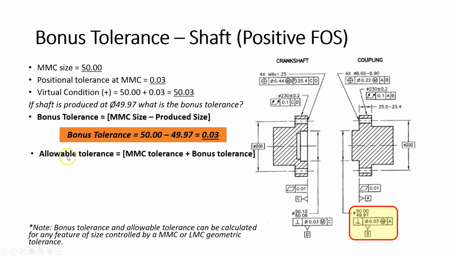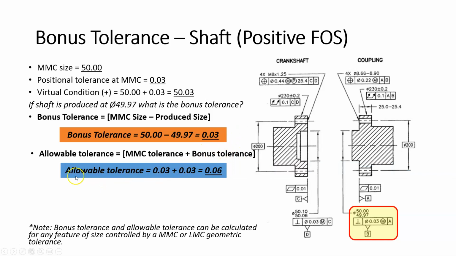We can go on now to calculate the allowable tolerance, which is the MMC tolerance, in this case 0.03, plus the bonus tolerance, which is also 0.03. So the allowable tolerance is 60 thou. If we produce a cylinder at 49.97, we have a 60 thou allowable tolerance.